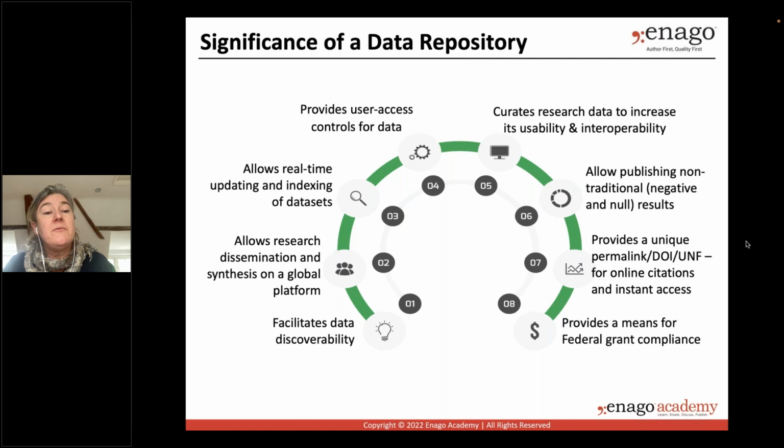They'll allow research dissemination and synthesis on a global platform. They'll allow interested potential users to have a look at and index what they're seeing. They should hopefully provide opportunities for curation to increase usability and interoperability.